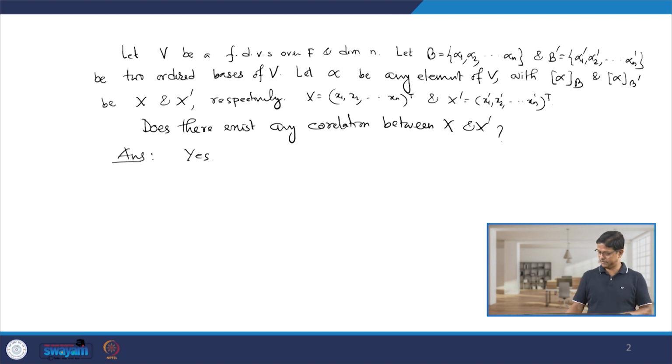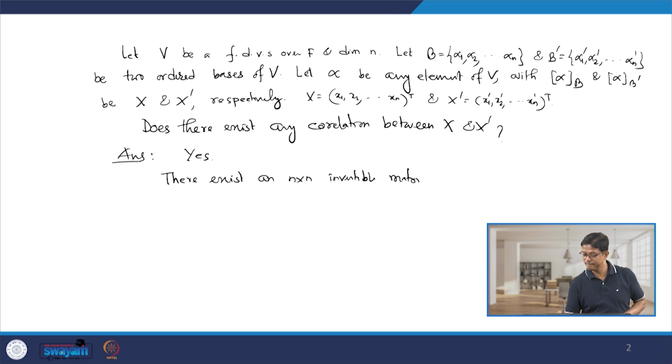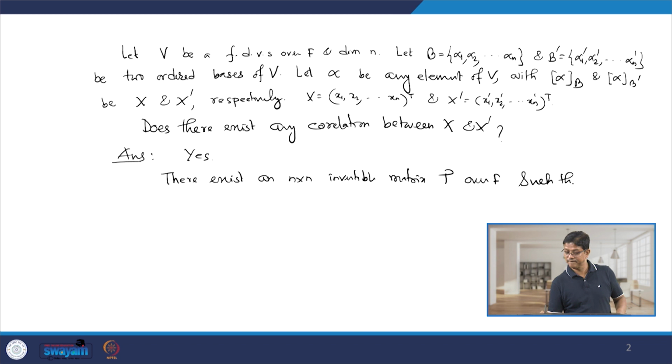My claim is that there exists an n cross n invertible matrix capital P over the field capital F such that capital X equals P into X prime, or the coordinate matrix of alpha with respect to B equals P into the coordinate matrix of alpha with respect to B prime.